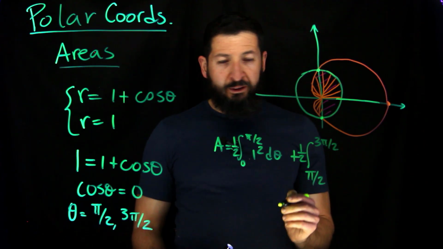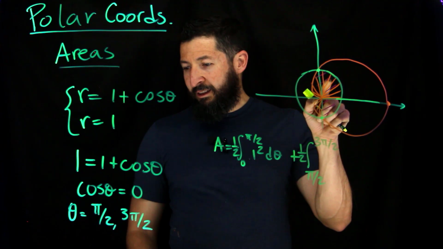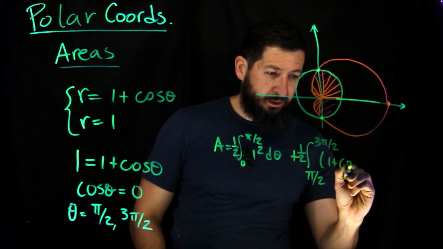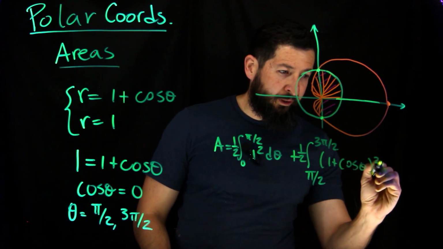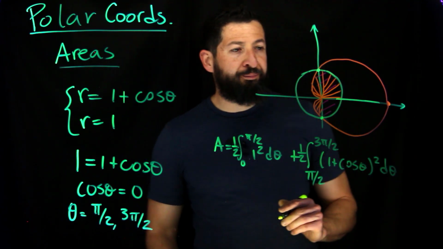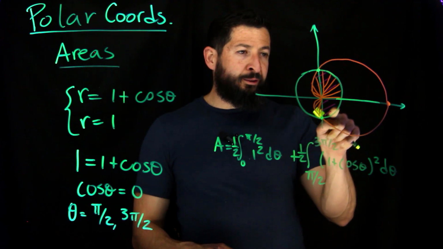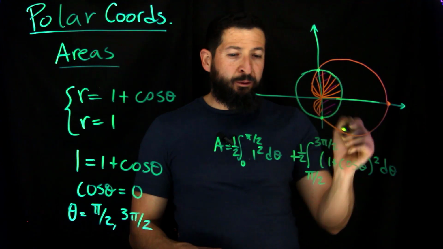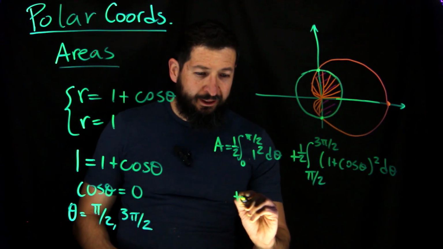And at that point, my function is actually going to be 1 plus cosine of theta squared d theta. And then from 3 pi over 2 to 2 pi, I'm going to be integrating that 1. So not very exciting, this one.